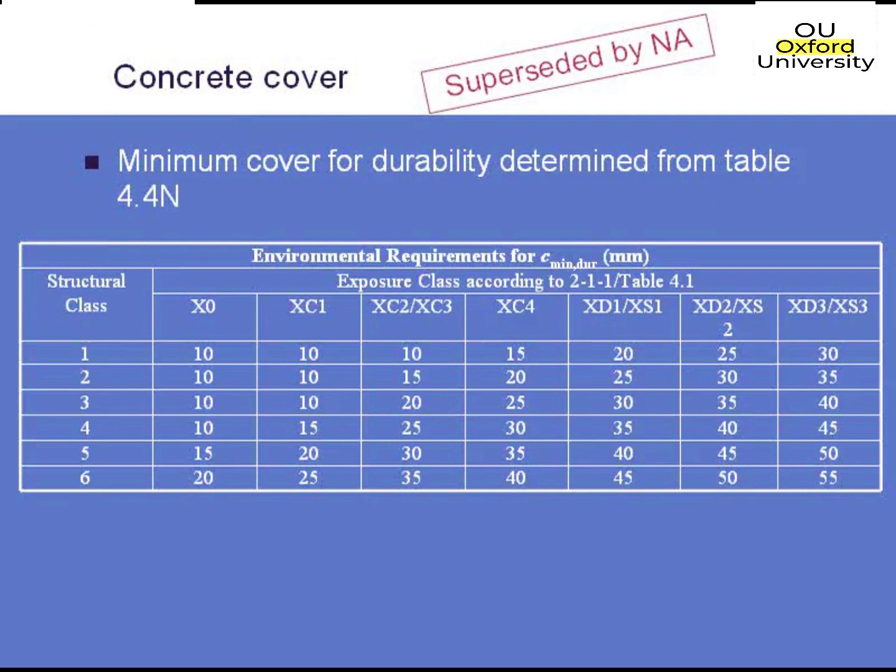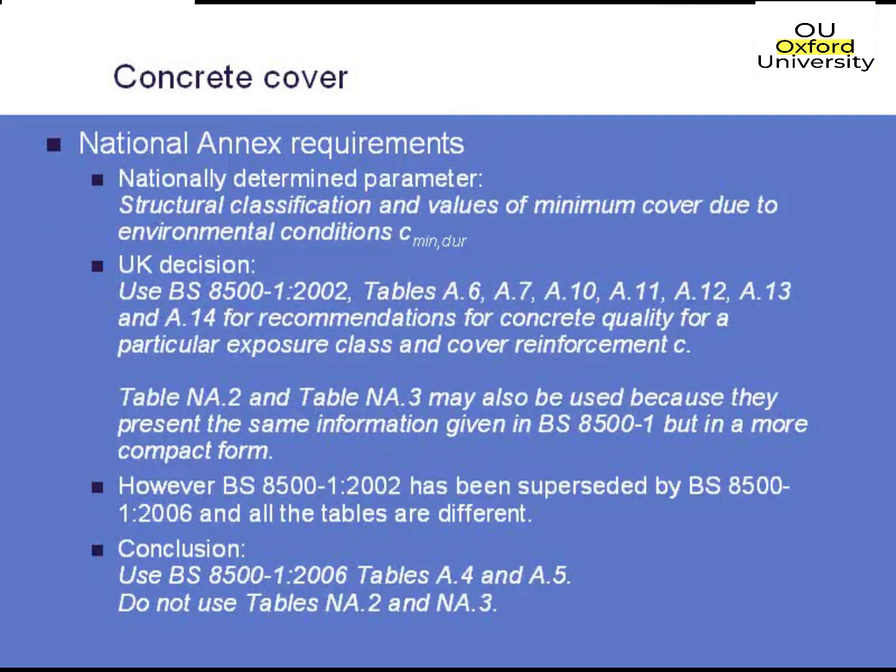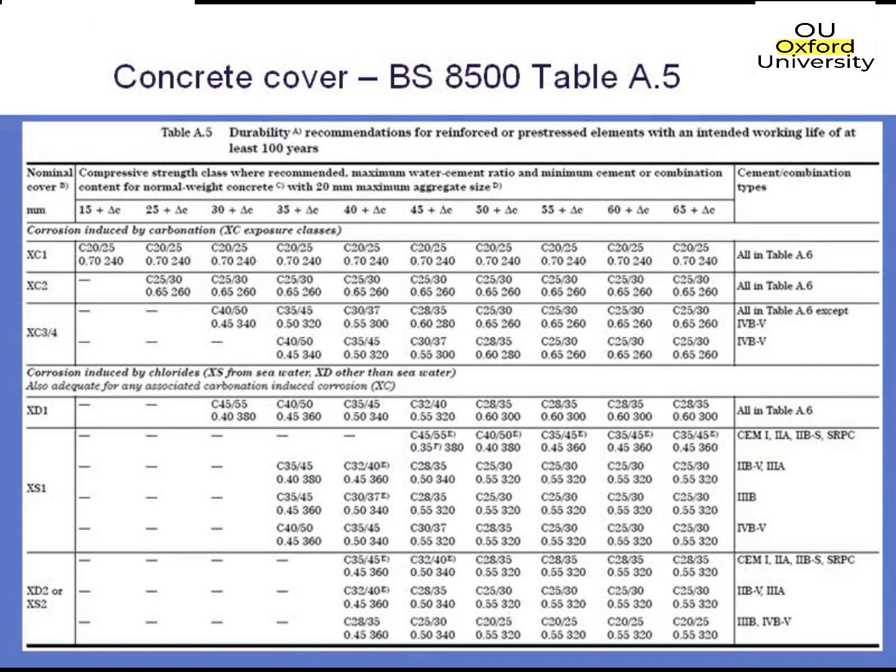However, if you're using the BS 8500 method, you have to use the various tables within BS 8500, tables A6, 7, 10, 11, 12, and 13, and you then use that to calculate what your nominal cover is. And this is done by using this table here. This is just an example of one of the tables in the BS 8500.